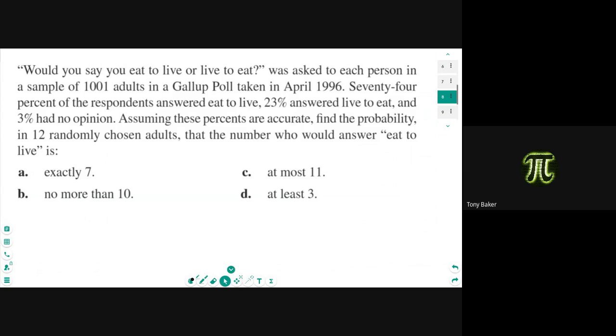Which calculator is it? It's the binomial distribution calculator. It should be the second one in that list on the first post.